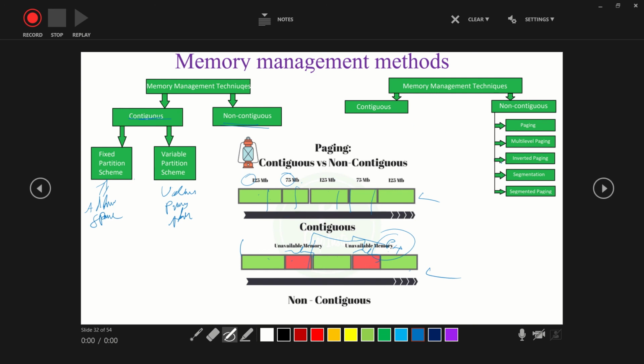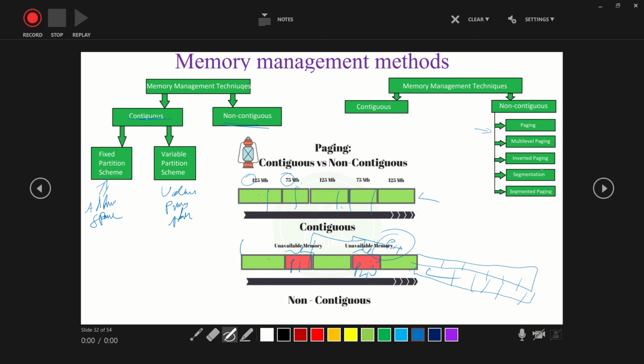For non-contiguous, there is paging. Suppose this is page 1, this is page 2 and page 3, and we allocate the memory like that. Next is multi-level paging: if the memory is very large, we allocate different pages, and these pages can be utilized by multi-level paging.